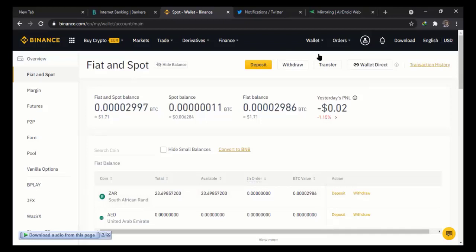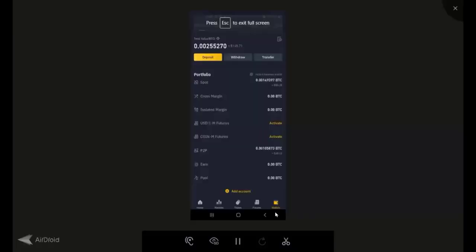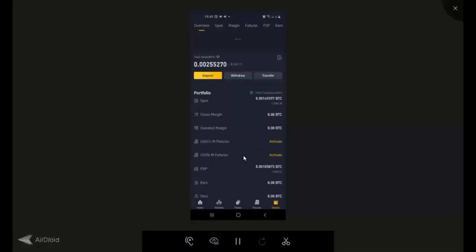If I come here under wallet to overview, oh, there's no need of even doing that. If you've got the app, the easiest way of checking is just through the app. Let me refresh this.